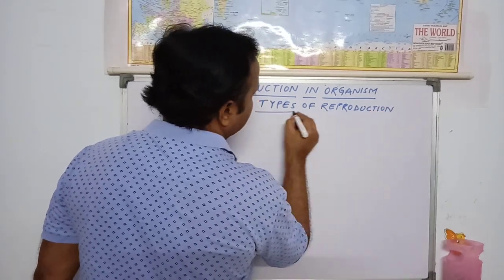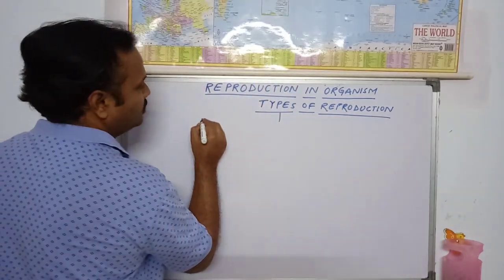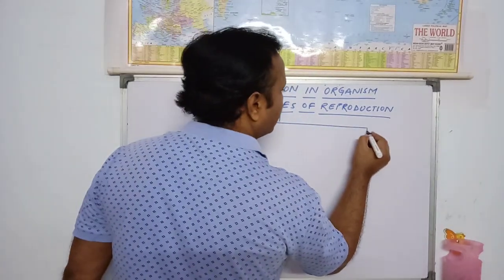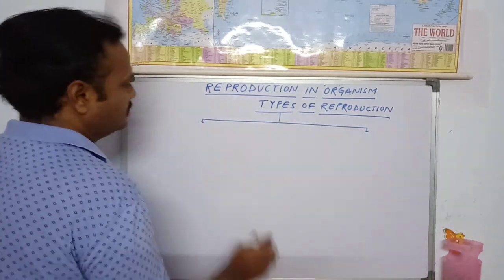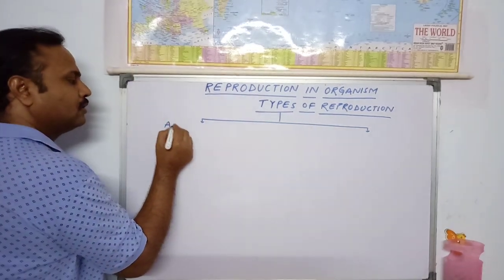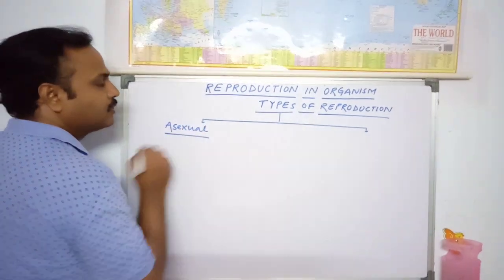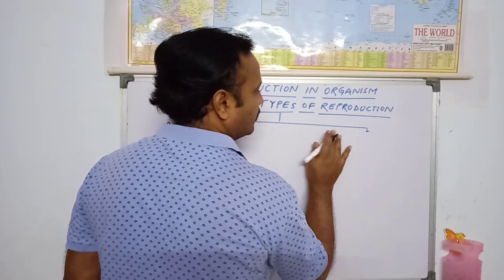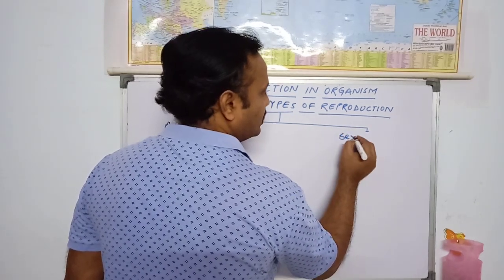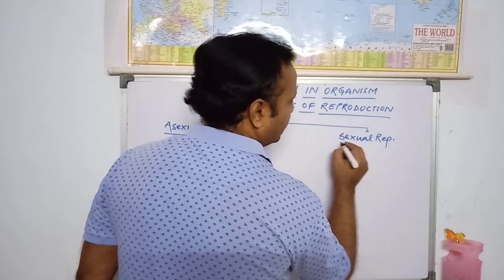You have already studied in your lower classes, one is called asexual reproduction, and second is called sexual reproduction.